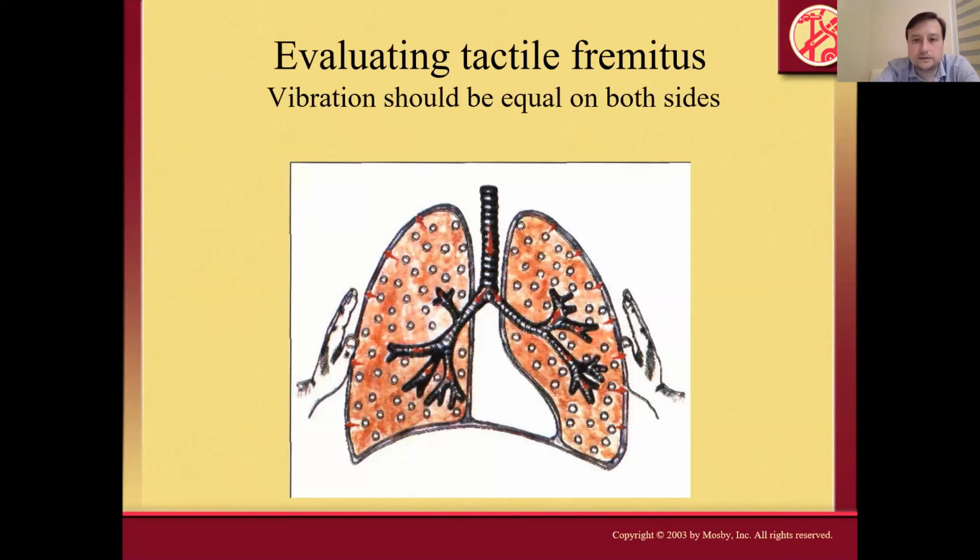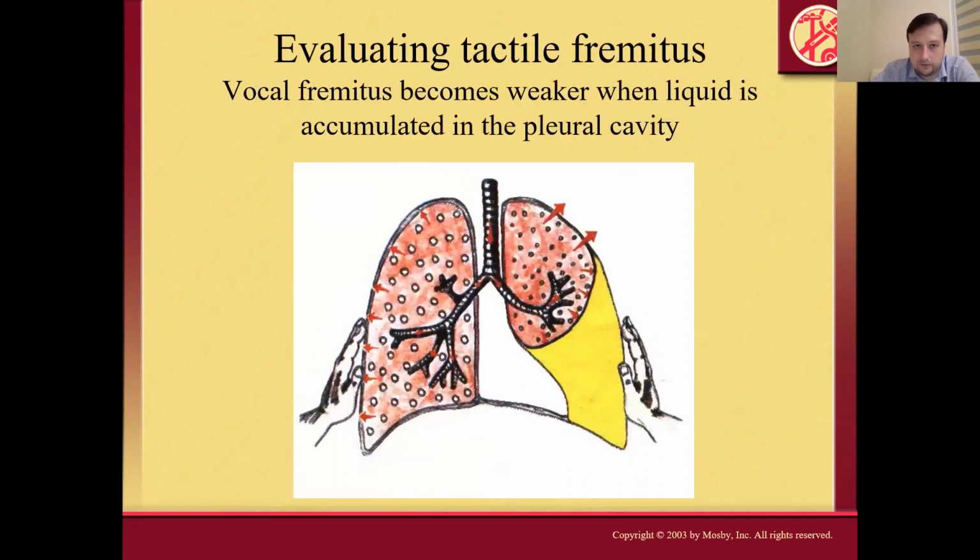So what findings can we have when we use palpation and tactile parameters? Normally, vibration should be equal on both sides, left and right. So this is normal tactile parameters. Vocal parameters become weaker when liquid is accumulated in the pleural cavity.